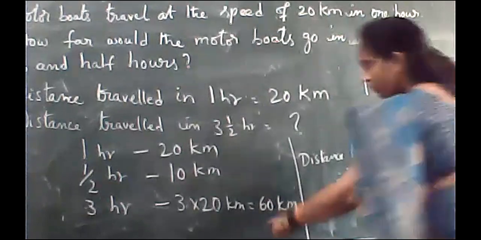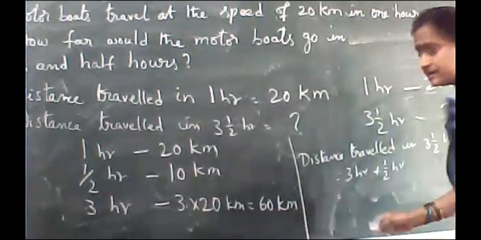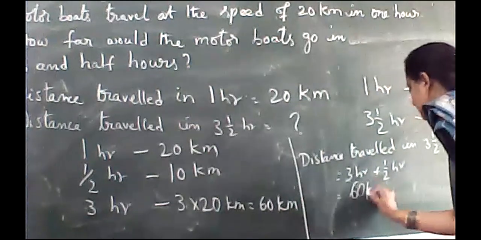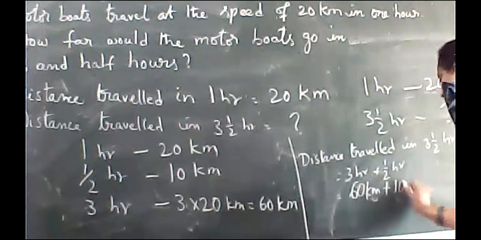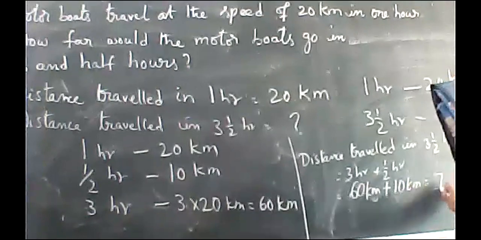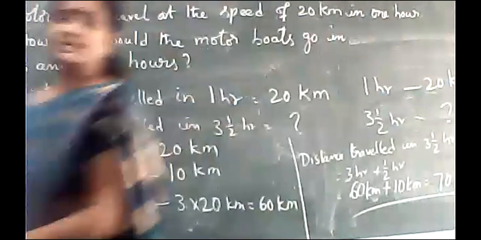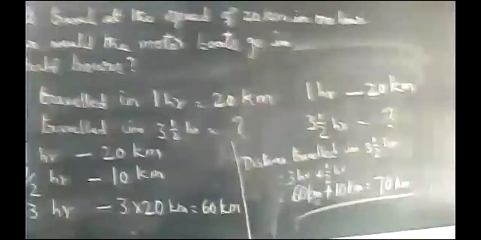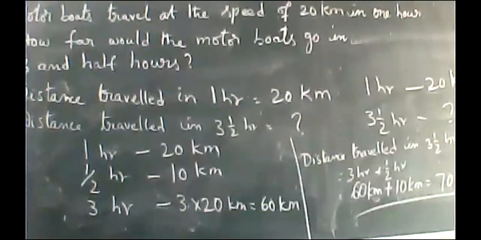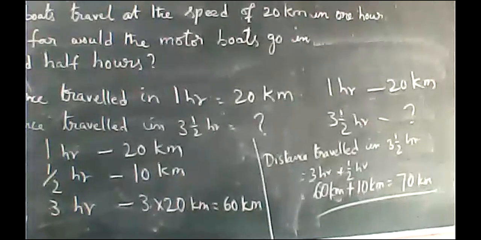In 3 hours, how many kilometers did it travel? 60 kilometers. In half an hour, 10 kilometers, which is nothing but 70 kilometers. This is another simple way to do this. So distance traveled in 3.5 hours is 70 kilometers.